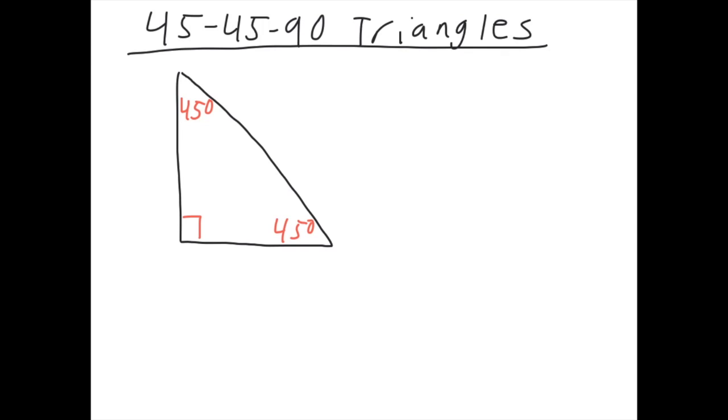Alright, so the next kind of special right triangle is called a 45, 45, 90 triangle. Two of the angles are 45 and the other is 90. So, the thing is, if the two angles are the same, remember that the two sides are also the same.